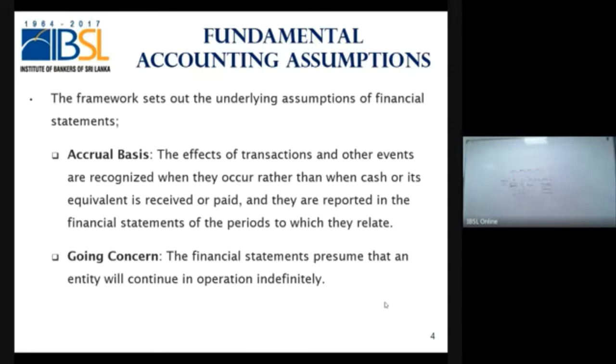What do you mean by that is, we are assuming that the company will run forever. We are not expecting that the company will be closed down in 5 months down the line, or maybe 12 months down the line. We never prepare financial statements with that intention.